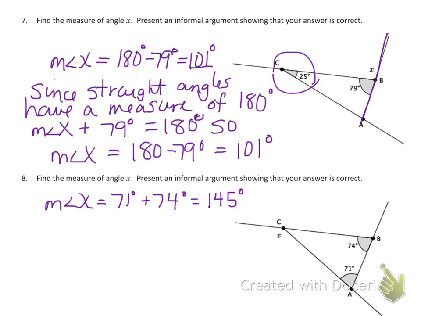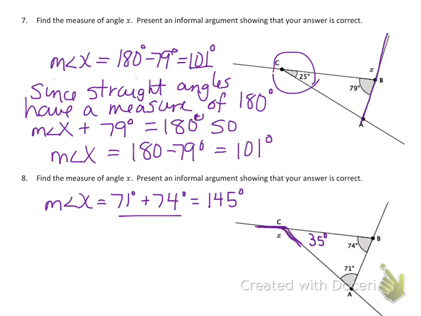Okay, let's look at number 8. Number 8 again gets back to using the remote interior angles, and I take the sum of those, which is 145, and that will be the measure of angle X. My argument here is again going to be, if I want to find the measure of this angle ACB, I'm going to find that that is 35 degrees, because these three angles have to add up to 180.